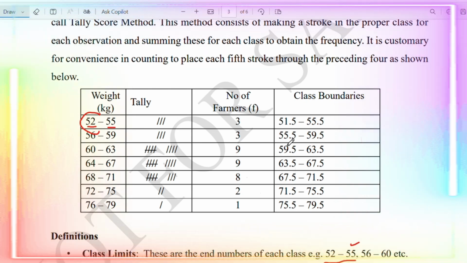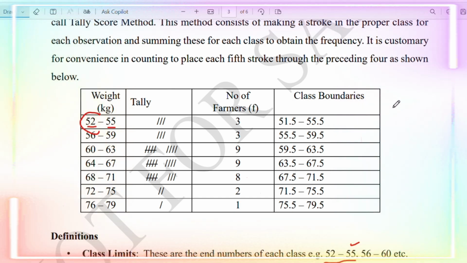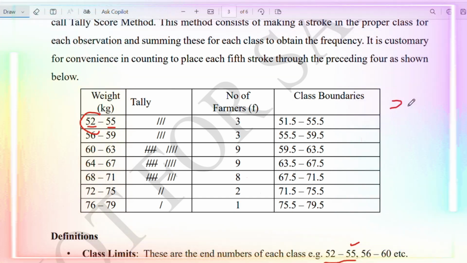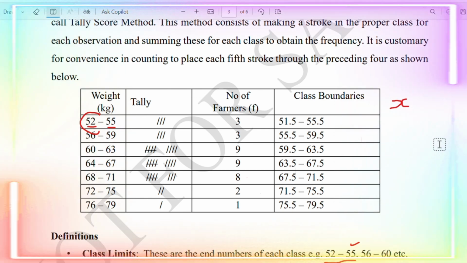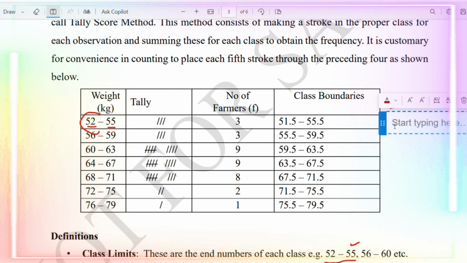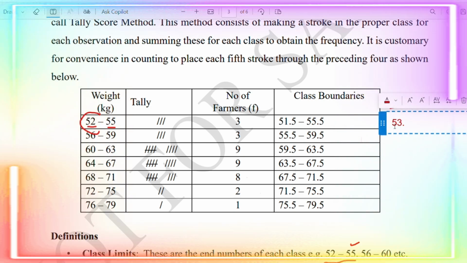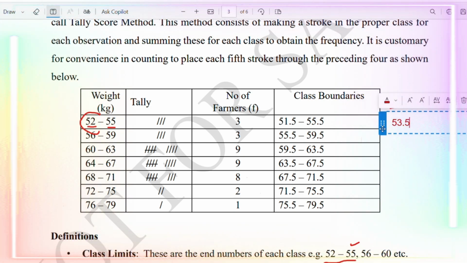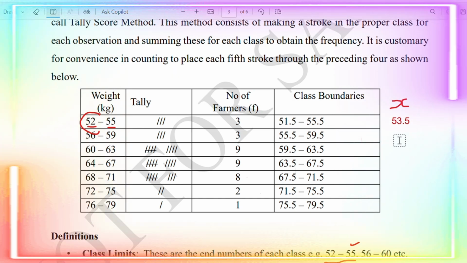So the class mark, let's call it X in this case, for the first class will be 53.5.